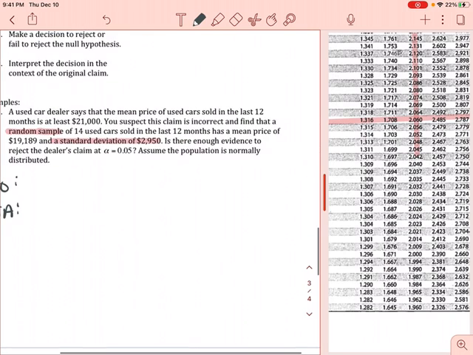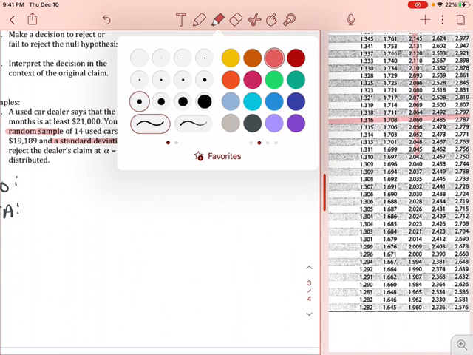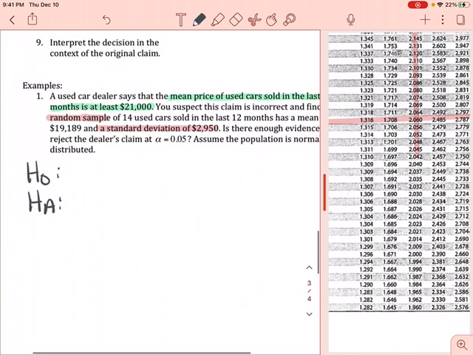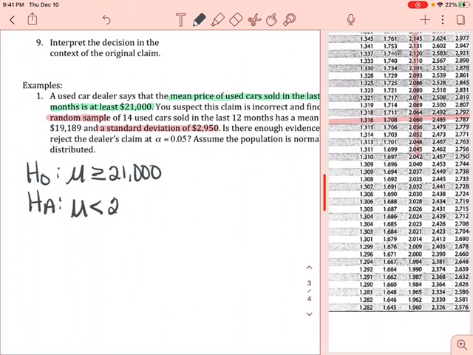All right, so he says that the mean price of used cars in the last 12 months is at least 21,000. So at least means greater than or equal to 21,000. So our mean price is that. And H sub A is less than 21,000.